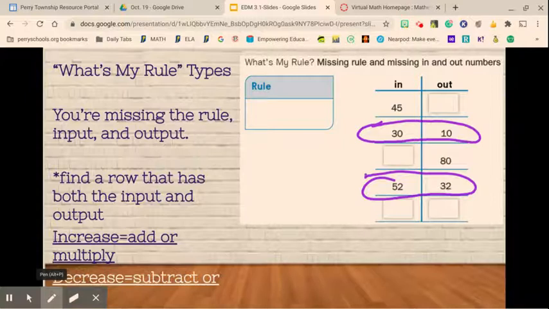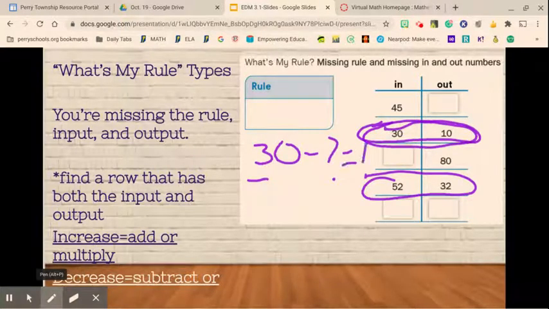Now, if I needed help, I could use my number grid, and I could count to see how many spaces it is to jump, or I could use what I know, and since I might be subtracting, use that operation to help me. So I could say 30 minus something equals 10.